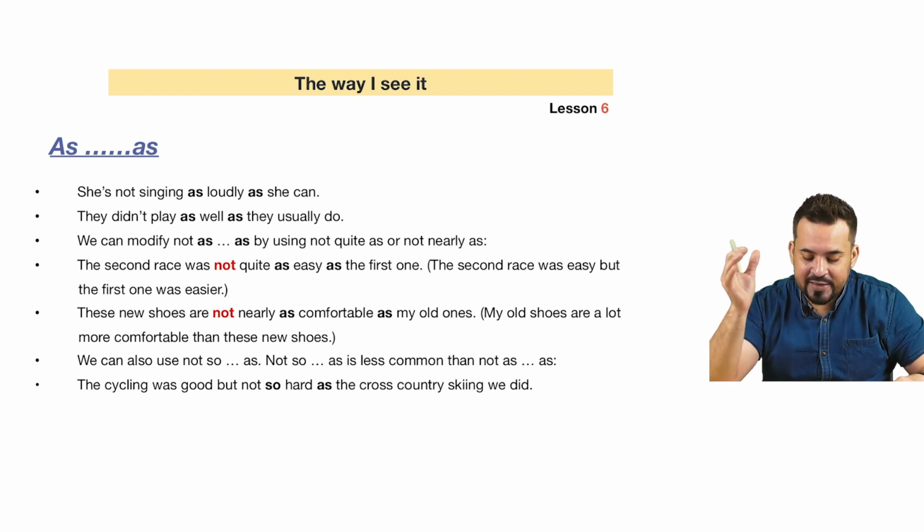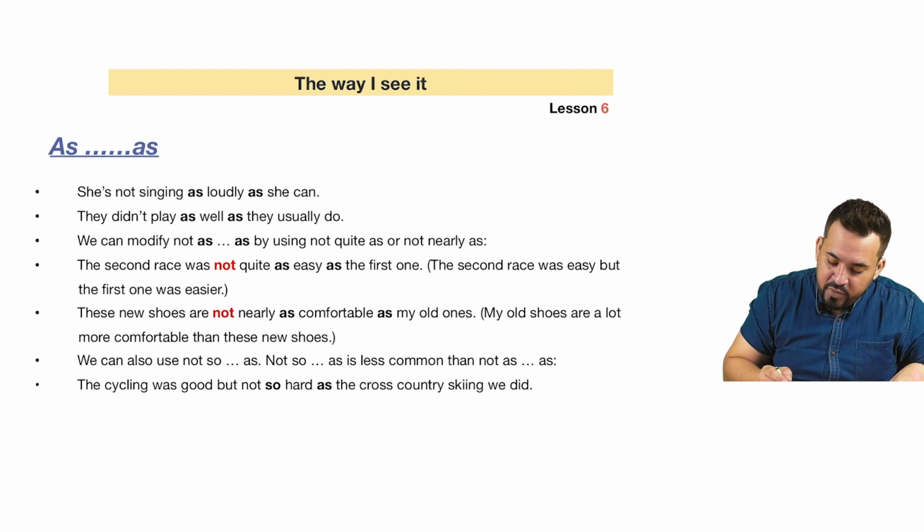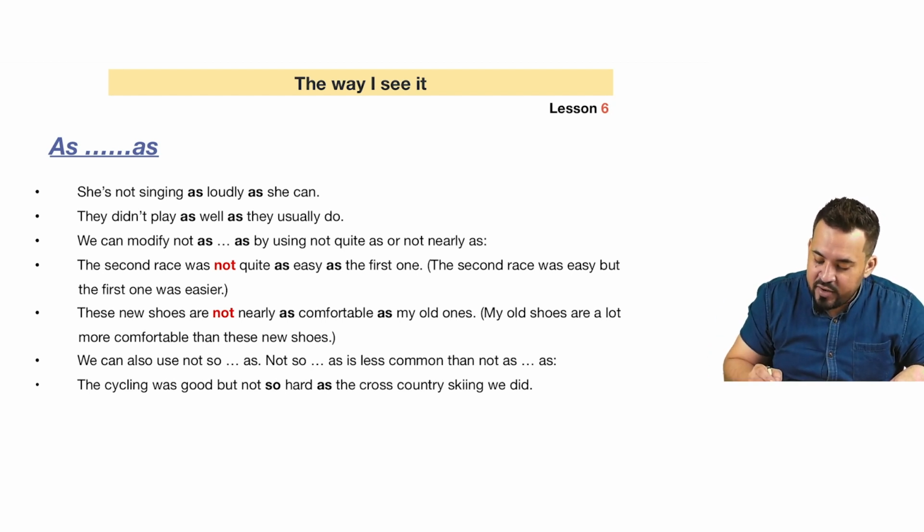She's not singing as loudly as she can. It means she can sing louder, but she's not. They didn't play as well as they usually do. So we can modify "not as" and "as" by using "quite" or "nearly."